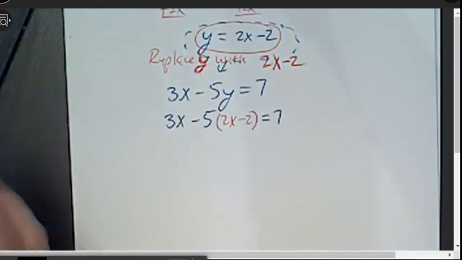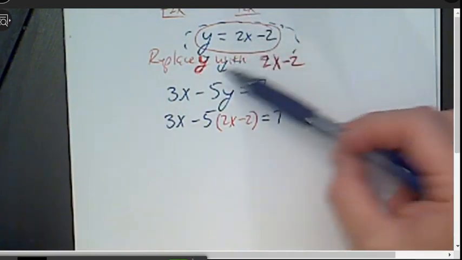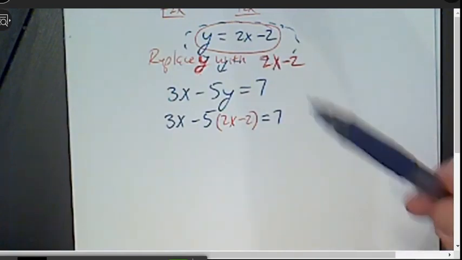If you ever have trouble doing the substitution, this just seems to help. I guess it's for the people that are a little bit more literal, and even for me, sometimes I had trouble replacing it when I first did it, but rewriting it out like this seemed to help.